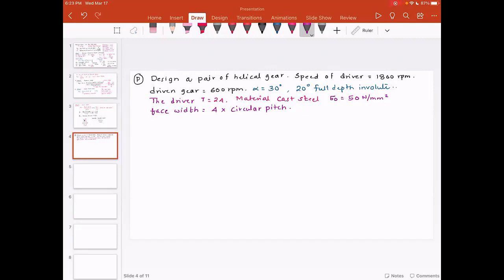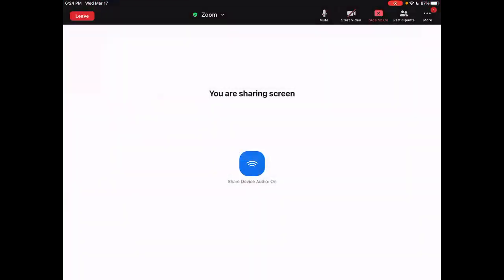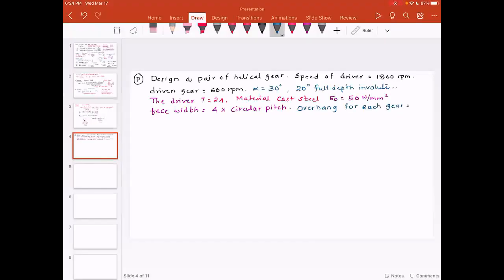Then the overhang for each gear, this is important, is equal to 150 millimeters.